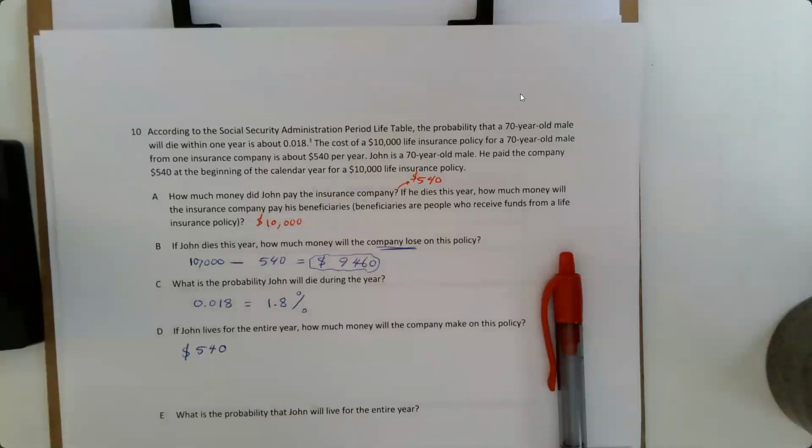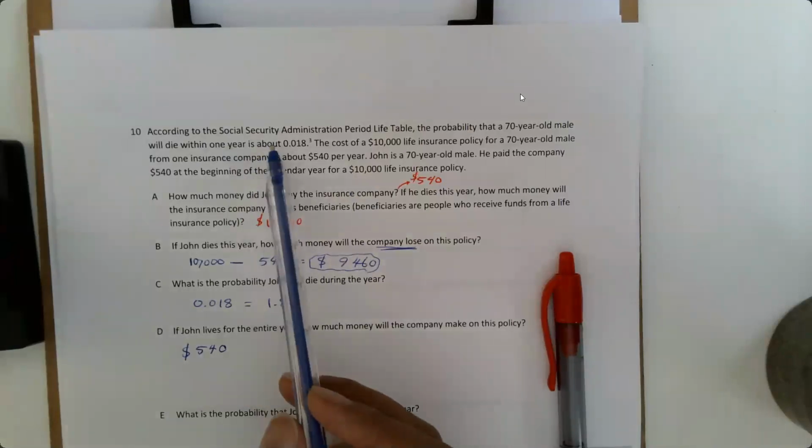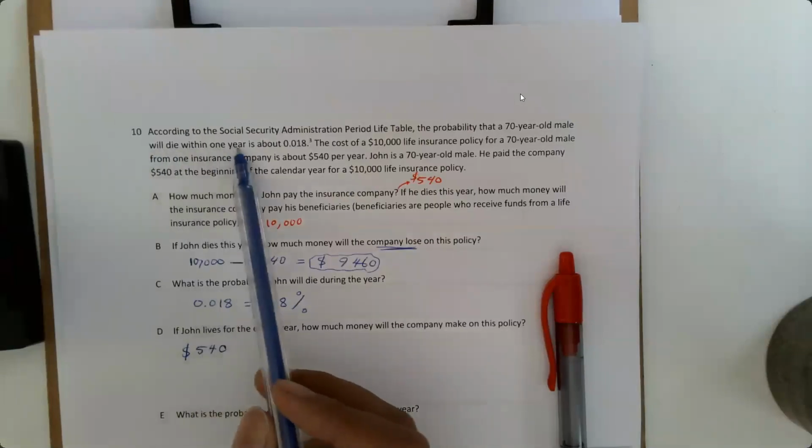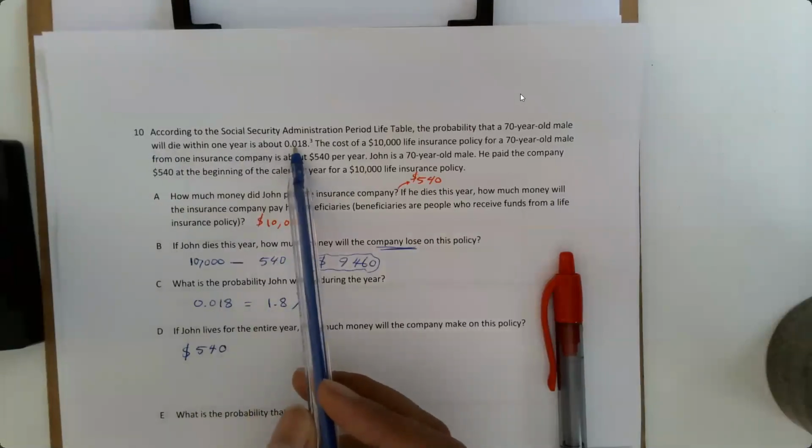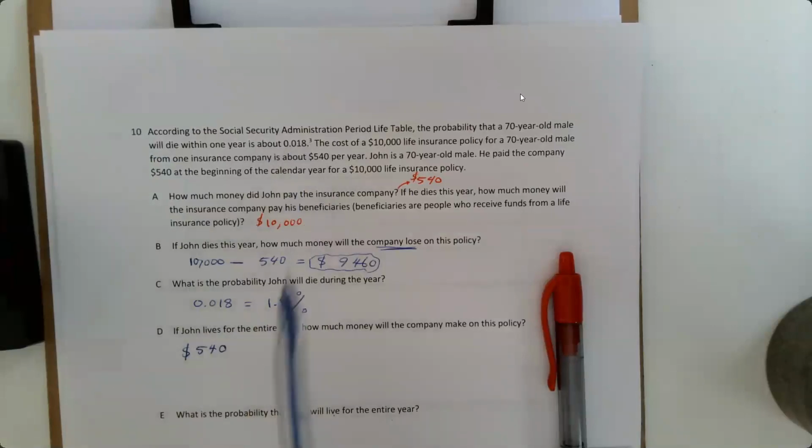The question says, what is the probability that John will live for the entire year? We know that the probability that John will die in 1 year is 1.8%. But what is the probability that he will live?